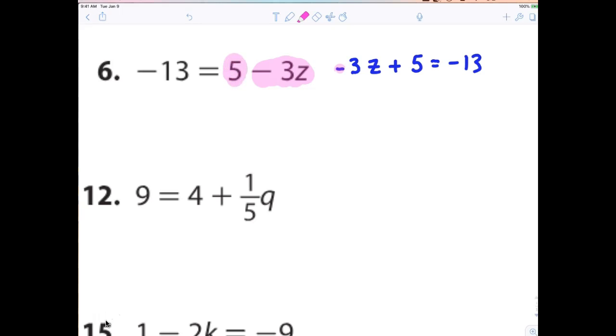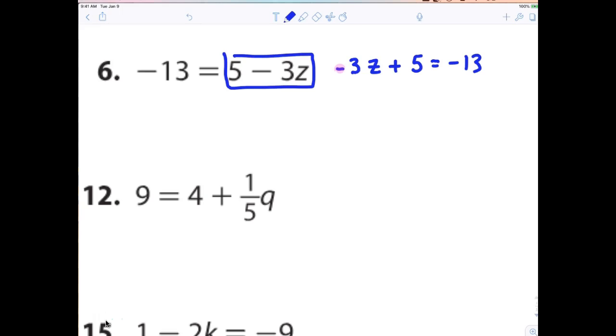That's positive. That is correct. No. And listen, here's why. Let's look at it just to make sure you hear me. The 5 and the 3z are together. You with me? Does that make better sense now? Why it's negative 3z plus 5 equals negative 13?